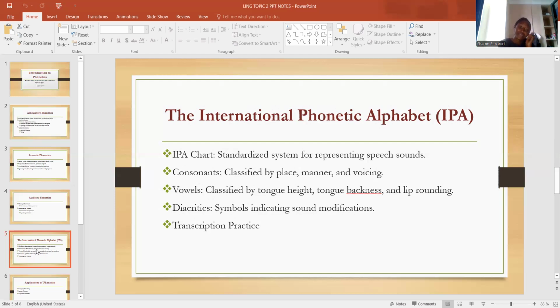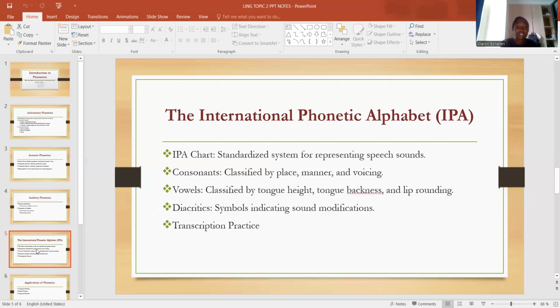I would have shown you, but I just wanted to state the main points. Since I just use PowerPoint, drawing all that is kind of hectic. You can look up the IPA chart.